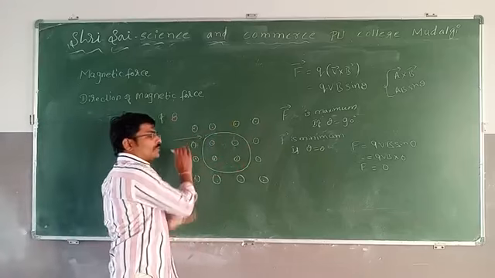If the charged particle's velocity and the magnetic field direction are both the same, parallel or in the same direction, what is the angle between these two?